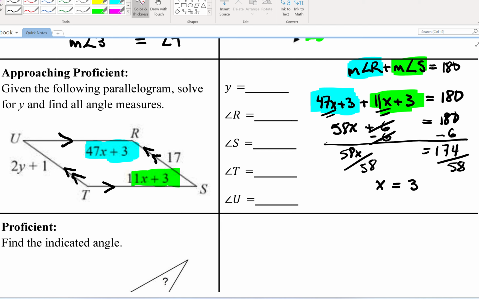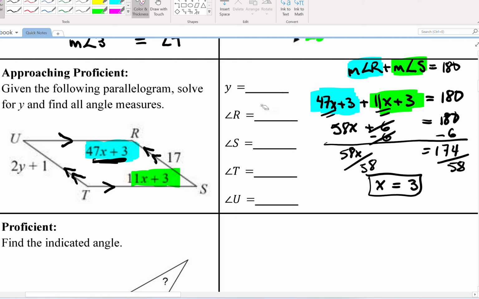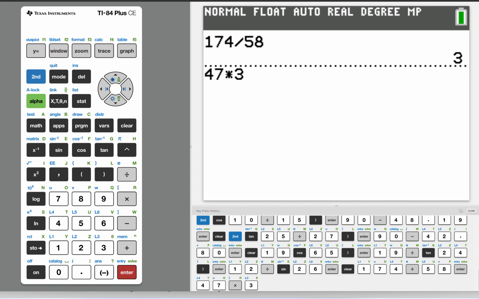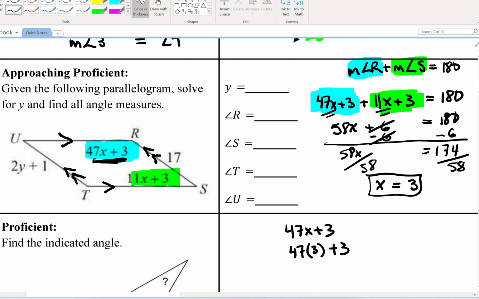Now, we're not being asked to solve for x, but x equals 3 is not the measure of either of these angles. I can find it by putting 3 in for x. So 47x plus 3 is now 47 times 3 plus 3. 47 times 3 is 141, plus the 3 is 144.